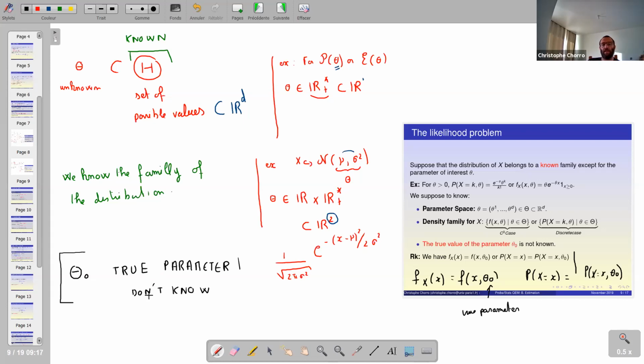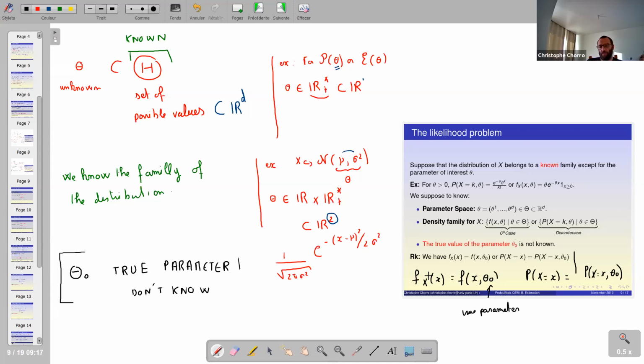Keep in mind that if I start from the observation of a distribution capital X with a sample, the density of my observation is just the density evaluated at the true parameter, theta 0.